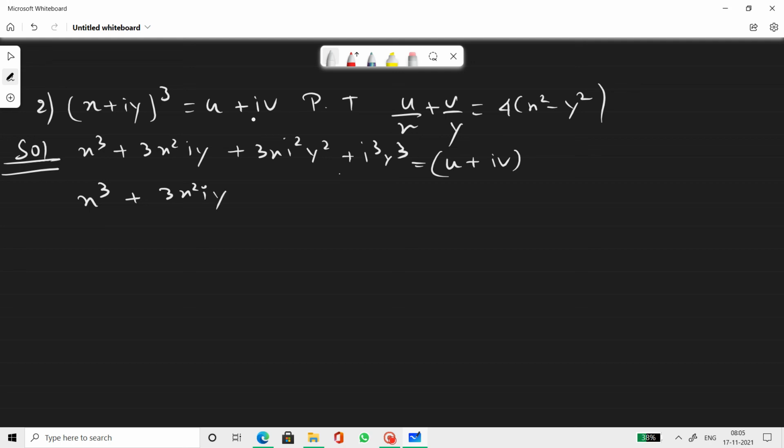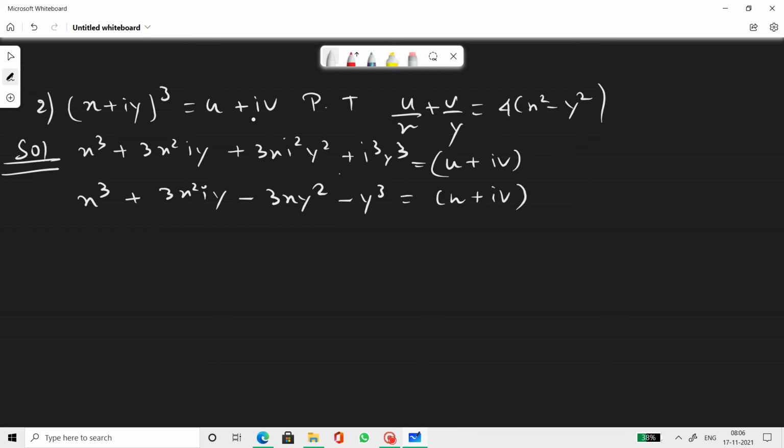For the next one, i² is there, which is -1, so it's -3xy². And the next has i³, which is -i, so I get -iy³, equals u + iv.